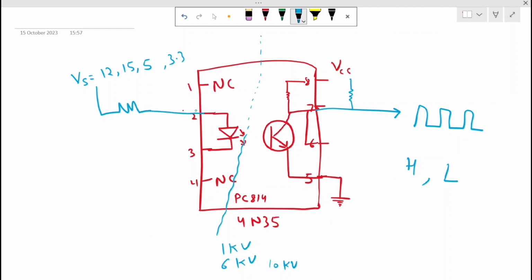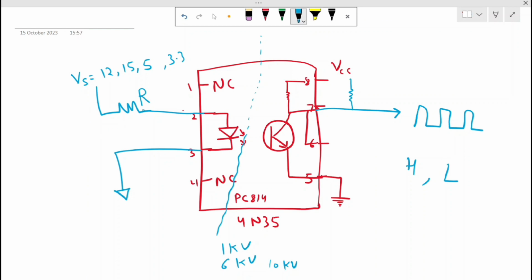This is the R value, and then this pin you can ground to the VCC side. This ground and this ground I have made different because it is isolated. If you don't want isolation, then you can short this also, there is no issue, but if you short it, you will not get isolation. Then you can directly use those signals.